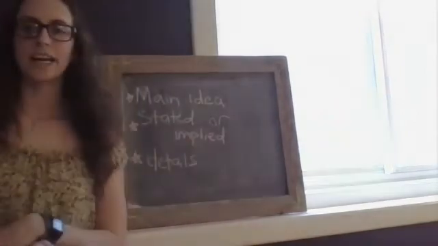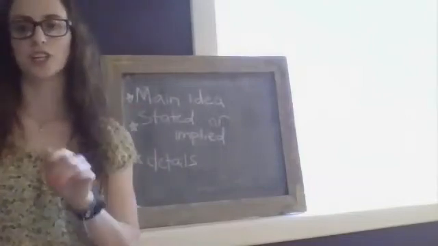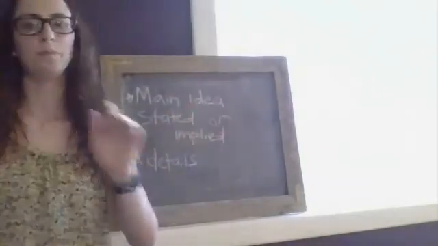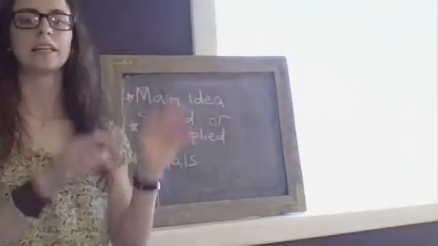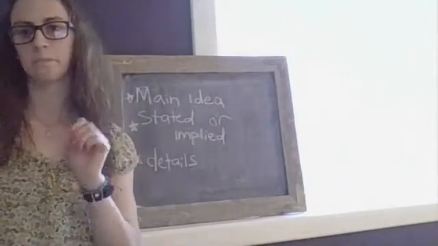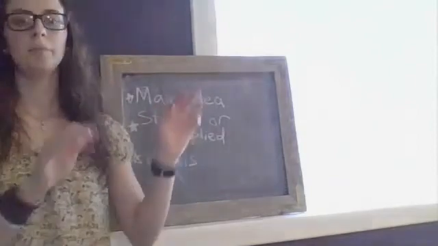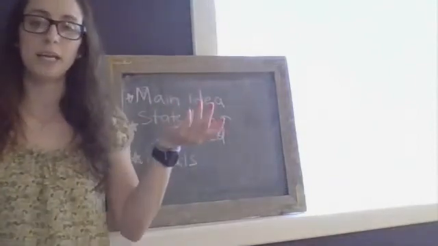So when you are writing this, you could just do a little paragraph with complete sentences saying the main idea of the section journeys was blank. This main idea was stated or implied. Some important details in this section are blank, the end.